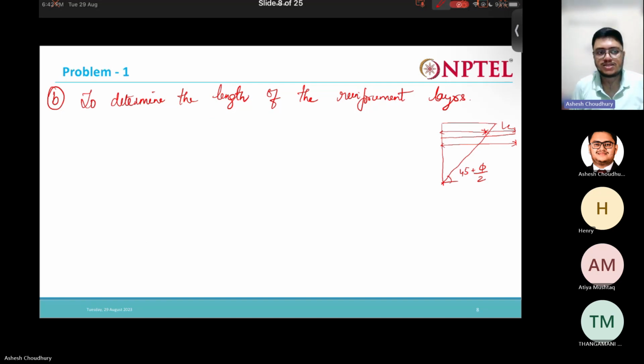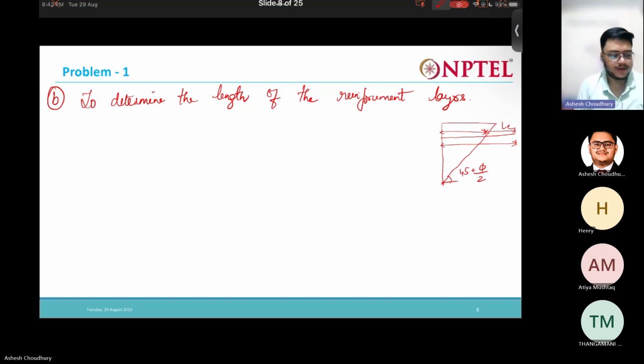The shear force mobilized at the interface of the reinforcement, that is the geotextile, and the backfill soil, should be enough to resist the force that is coming on it, so that it does not get pulled out. So we will utilize that criteria to determine the embedment length and then the total length of the reinforcement.